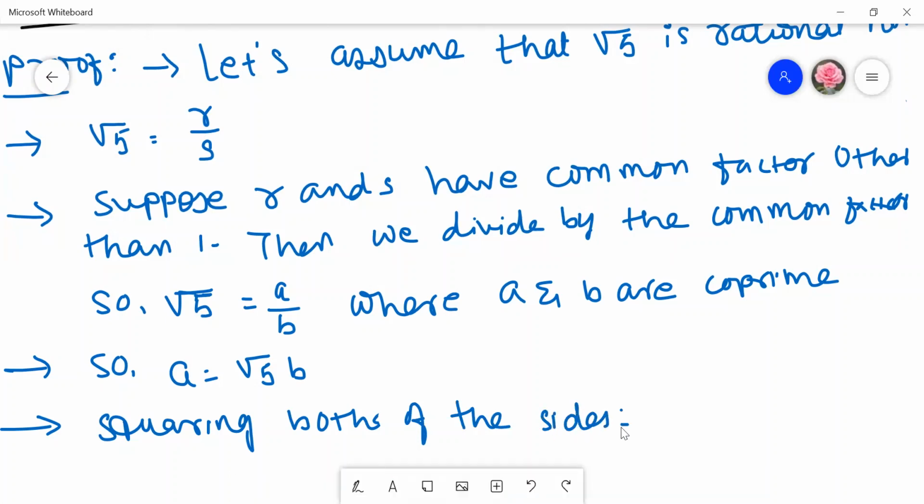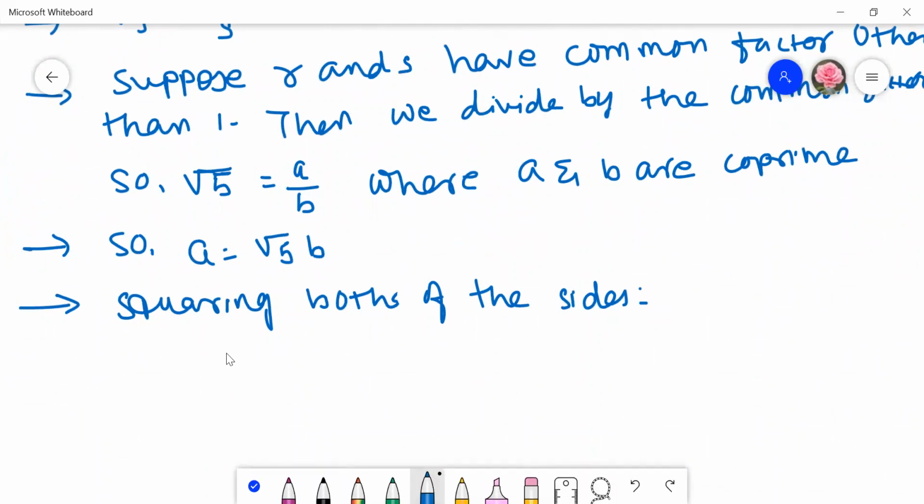So if we are doing square on both the sides, we are getting a square is equal to 5b square. That means we are shifting 5 here. That means 5 divides a square. Now you have studied theorem 1.3. Theorem 1.3 says if p divides a square, then p divides a, right? So here 5 divides a square, then 5 divides a.